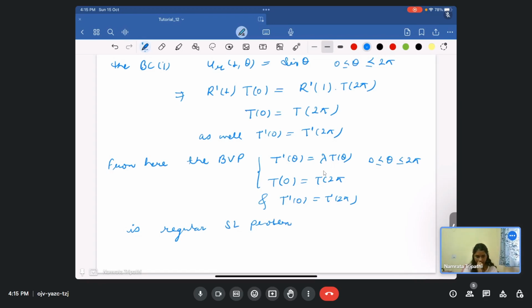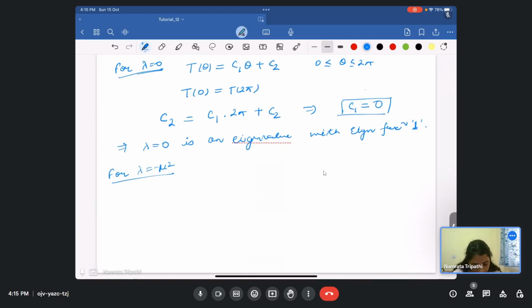Are you trying? What will be the value of T of theta in this case? First of all, tell me the solution for T of theta.